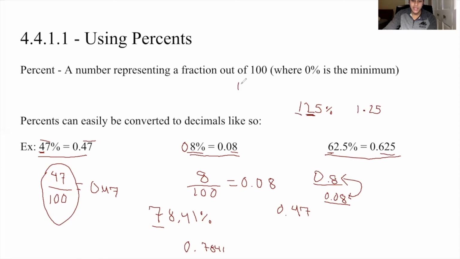That makes sense because it represents 125 out of 100, and if you divide this by 100, you get 1.25. If you're ever unsure what decimal a percent would convert to using these rules, you can always use the fractional step and just divide the percent number by 100.